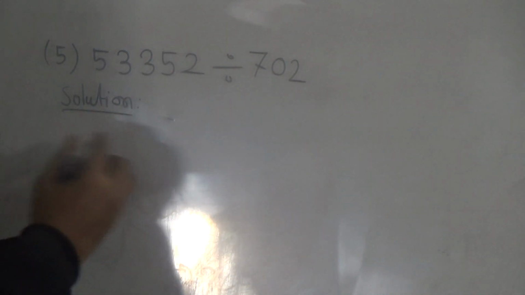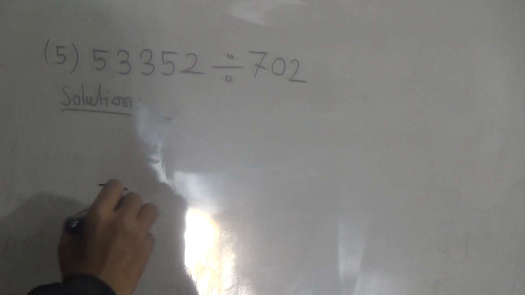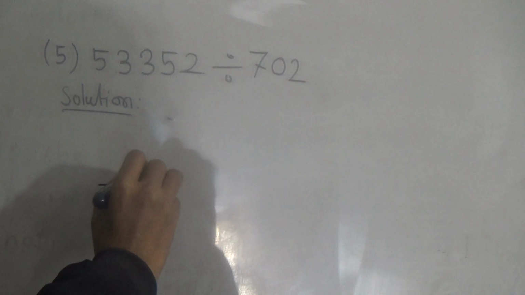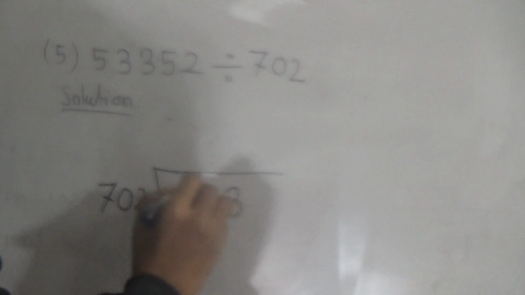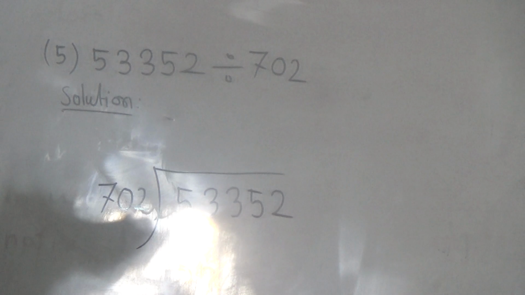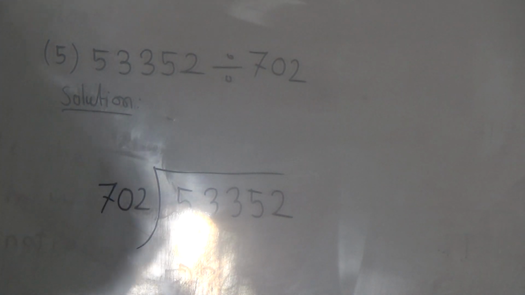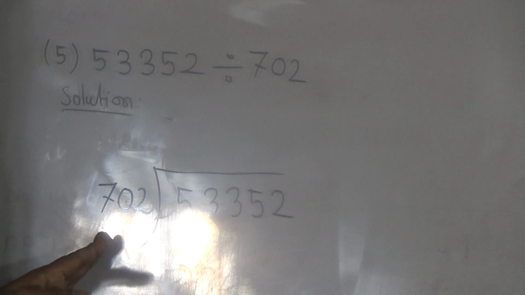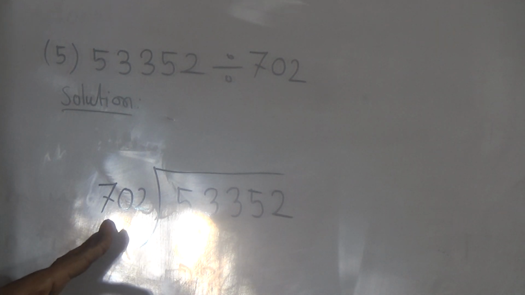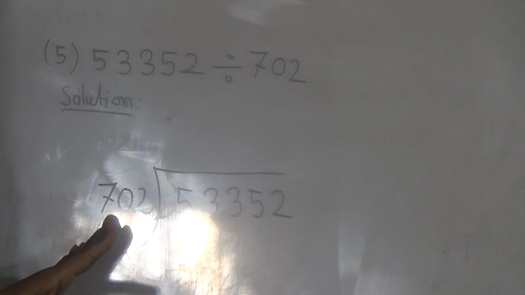Look, now we have to divide 53,352. Okay, look. Student, please give attention here. You see there are 3 digits in 702. Please notice here this is 702.